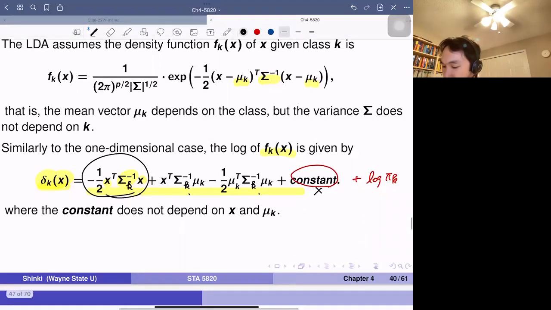On the left-hand side, X transpose sigma k inverse X, and on the other side, X transpose sigma l inverse X. If these matrices are different, then we can have X1 squared or X2 squared terms remaining.